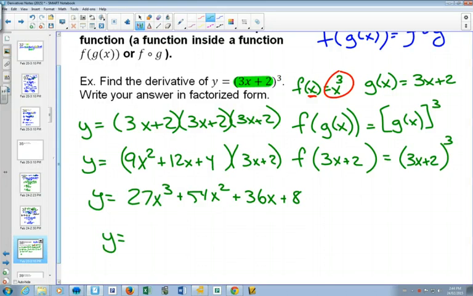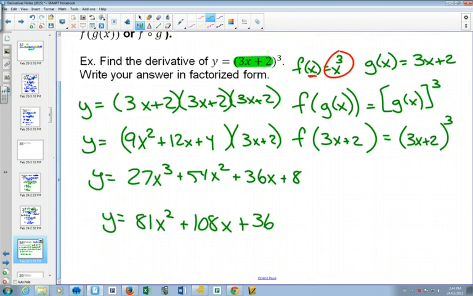And we would get, with the 3 in front, 81x squared plus, with the 2 in front, 108x plus 36. And then, if you wanted to, you could factor this. You notice that there's a 9 in common. This is y prime now. So y prime, I could take out the 9, leaving me with 9x squared plus 12x plus 4.